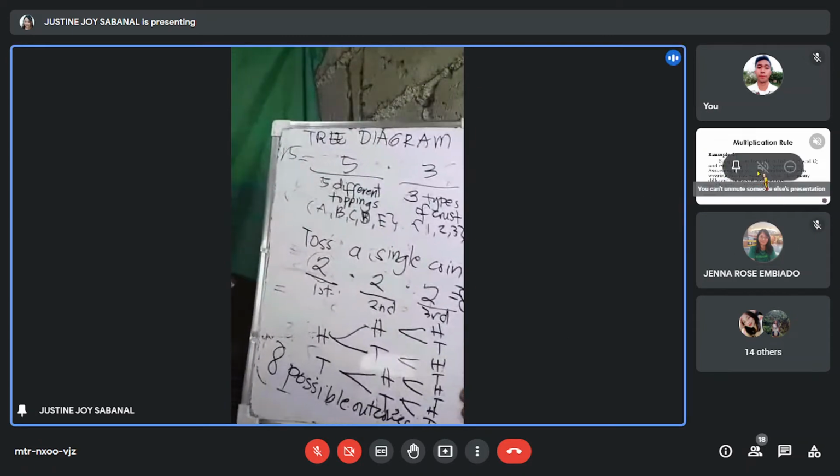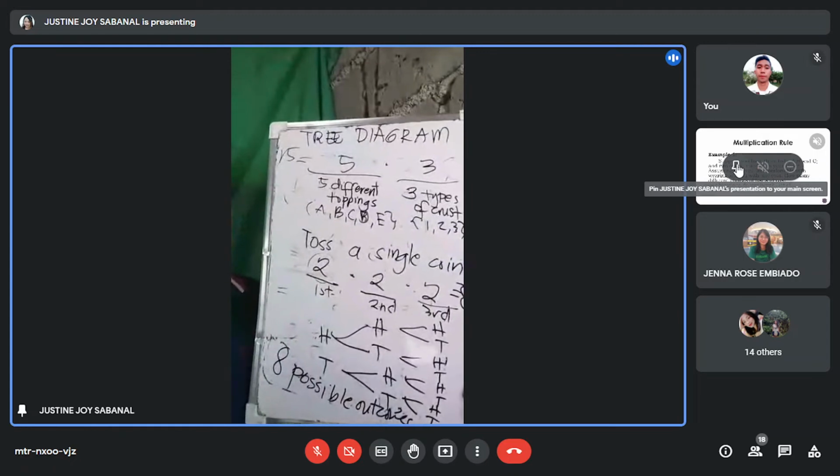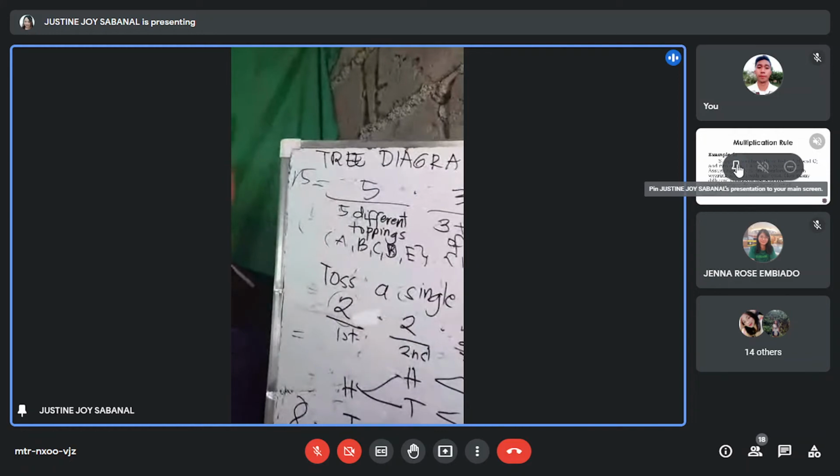So, you have to toss 2 dice once. So, how many possible outcomes po or combinations?